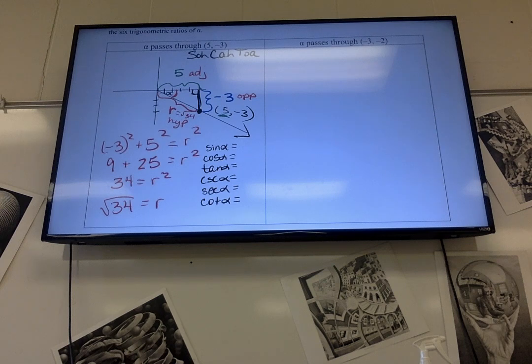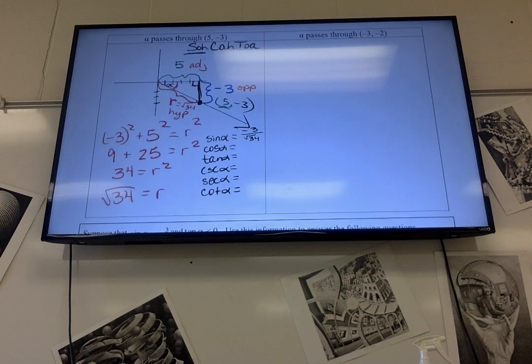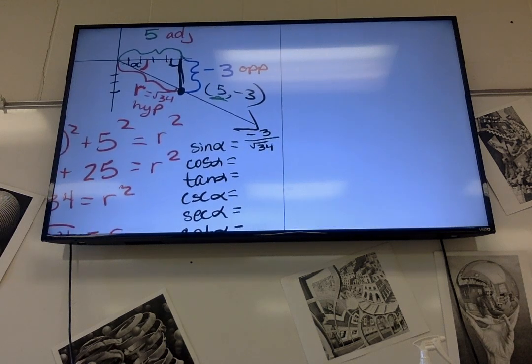Cameron, what's the sine of alpha? -3 over square root of 34. That's right. Sine is opposite over hypotenuse. So that's -3 over the square root of 34. Jenna, what's the cosine of alpha? 5 over square root of 34.